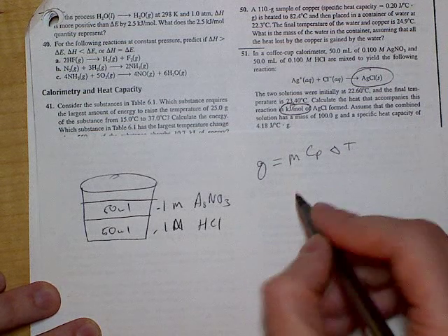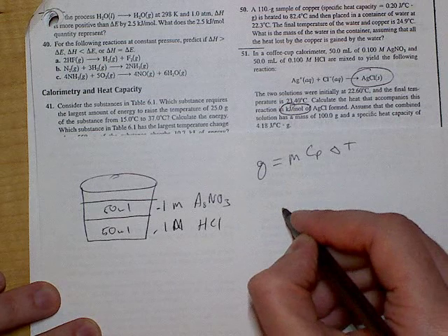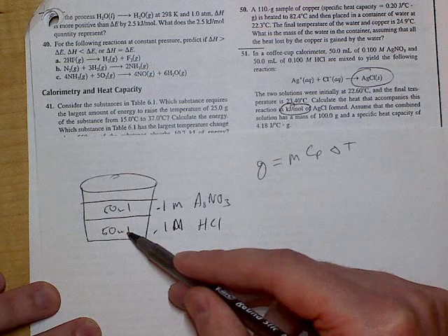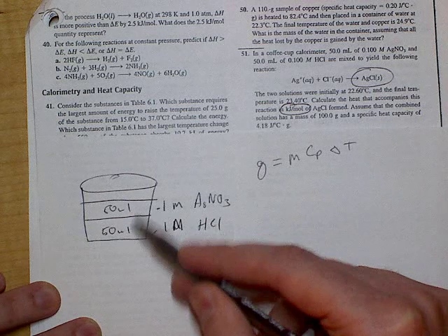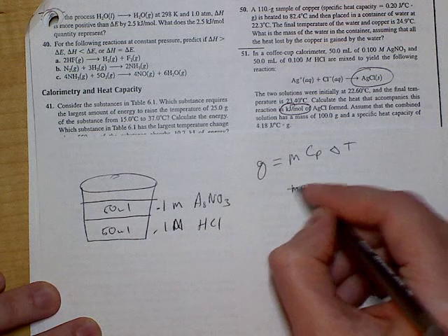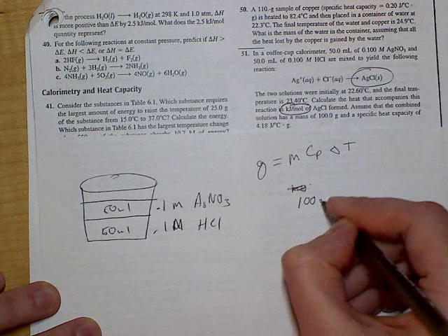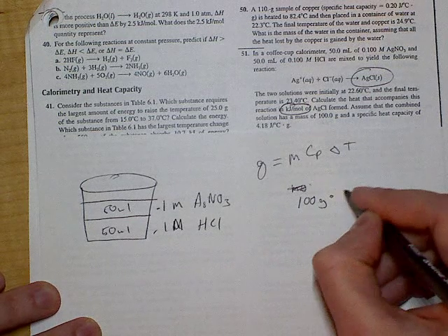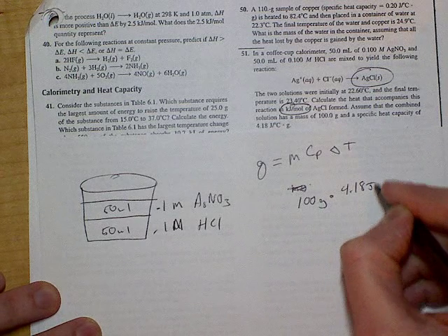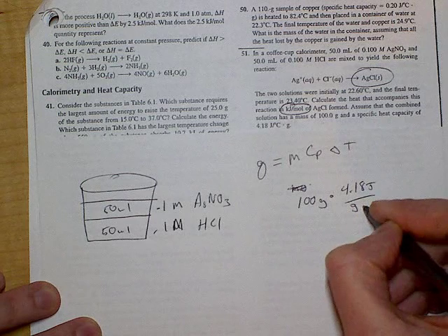All right. So our mass is a combined mass of 100 grams, which makes sense because we have 50 milliliters of water in each one of these solutions, so we're totaling 100 milliliters. So 100 grams times our specific heat, 4.18 joules per gram degree Celsius.